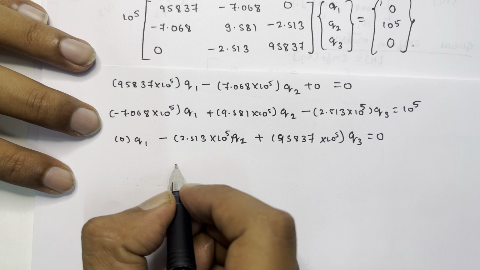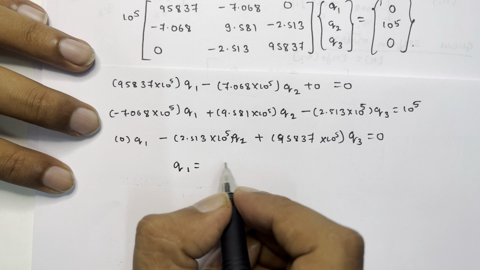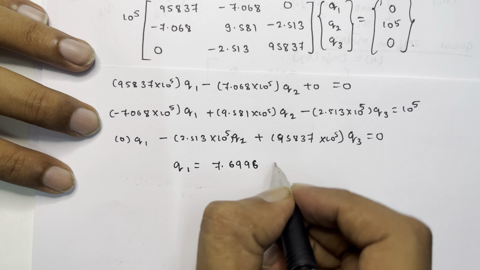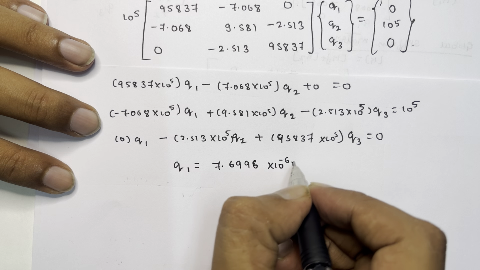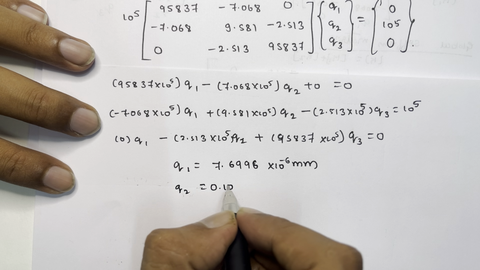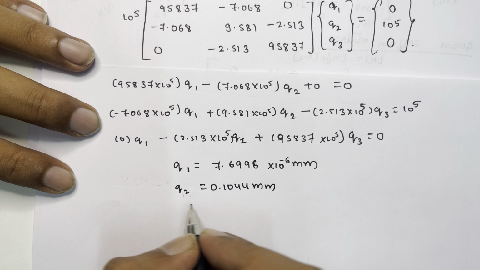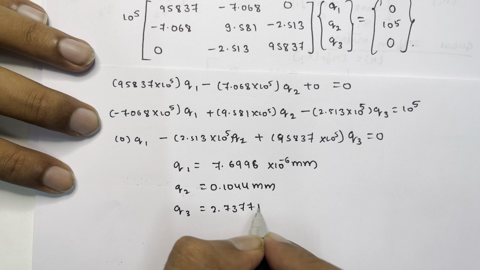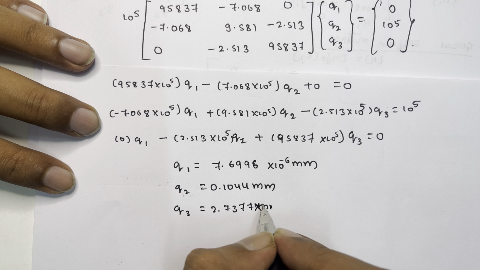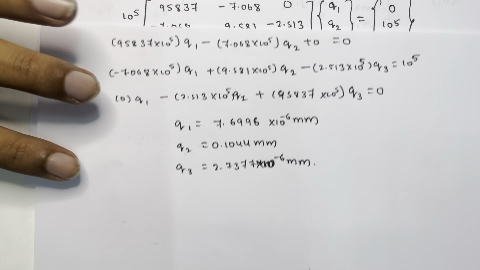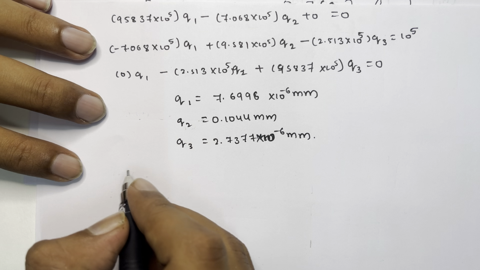After solving this, we'll get q1 is equal to 7.6996 into 10 raised to minus 6 mm, and q2 is equal to 0.1044 mm, and q3 is equal to 2.7377 into 10 raised to minus 6 mm. I will write the same thing in matrix form.